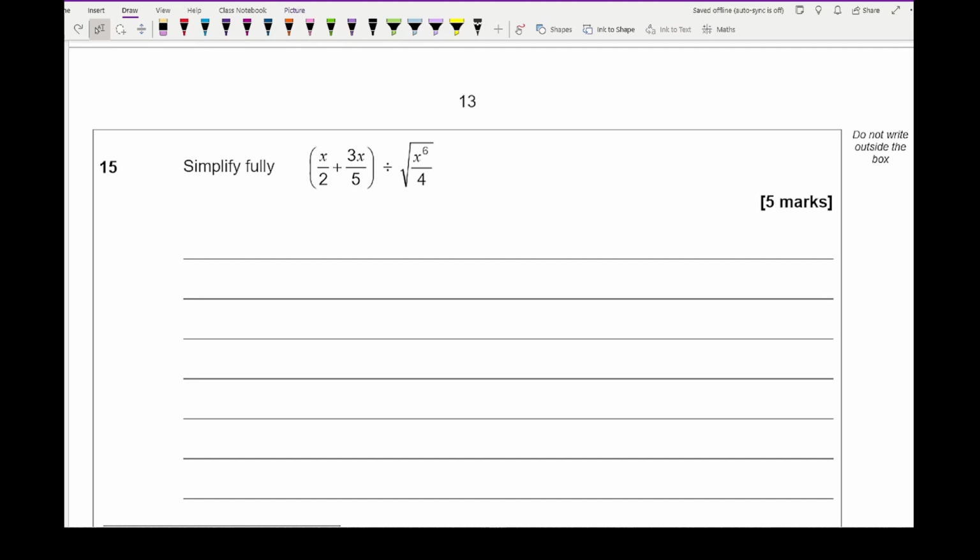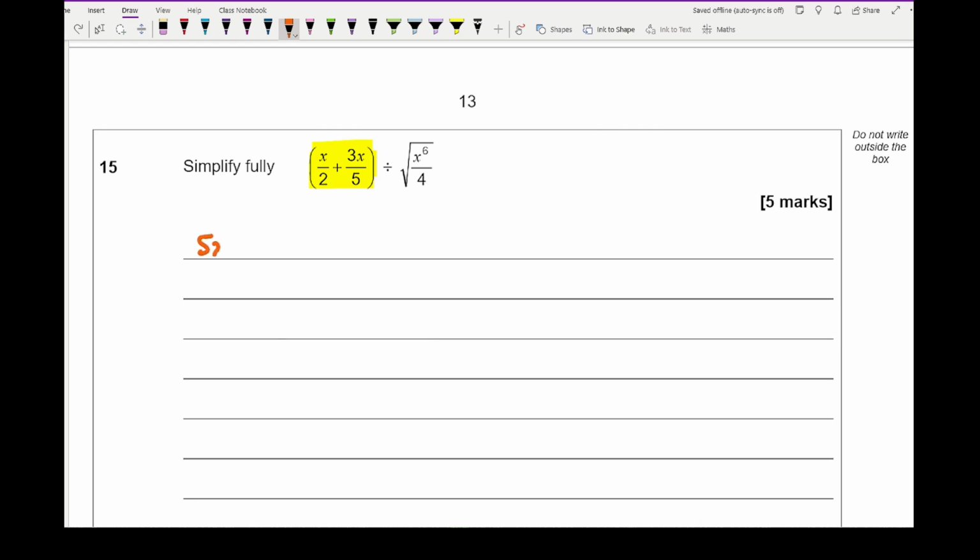Moving on to question 15, it says simplify fully, and we've got our algebraic fractions with a square root chucked in there for fun. So we want to simplify this fully. The first thing I would recommend is to try and simplify the two aspects. If I take this first bit here, we want to get a common denominator. So a common denominator is going to be 10.